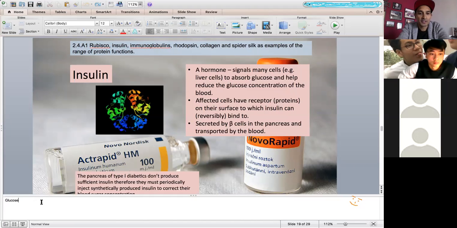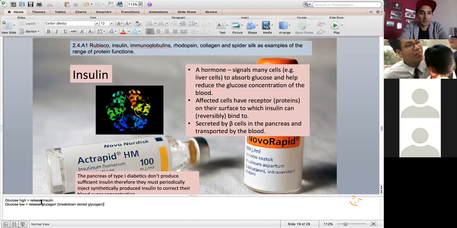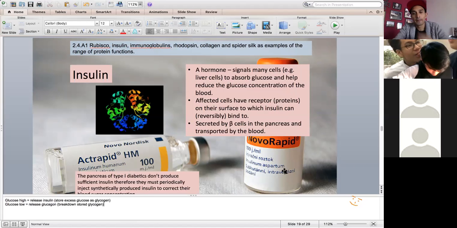Glucose high, release insulin. Glucose low, release glucagon, break down stored glycogen. Release insulin to store excess glucose as glycogen. Bam. Okay.